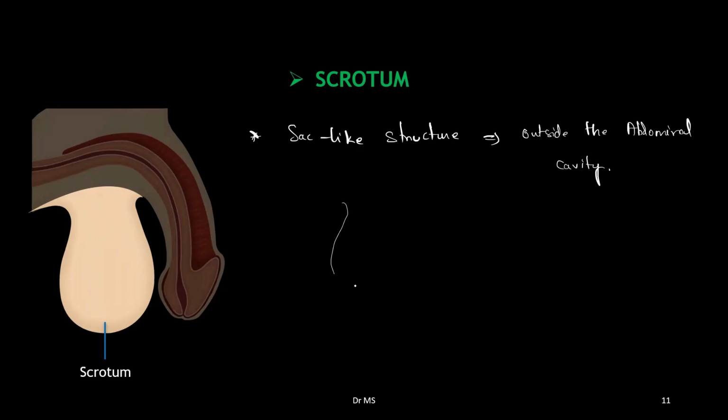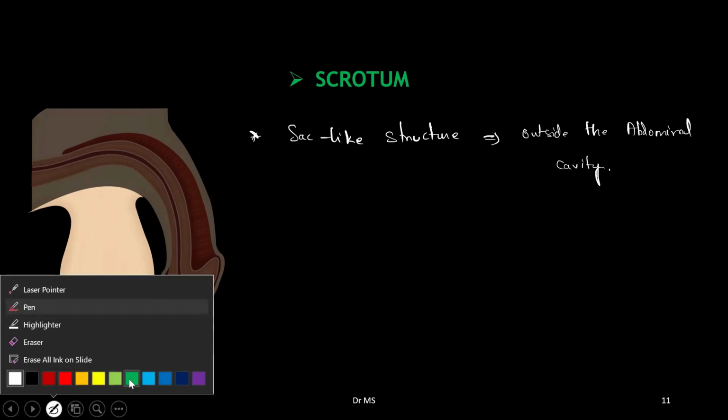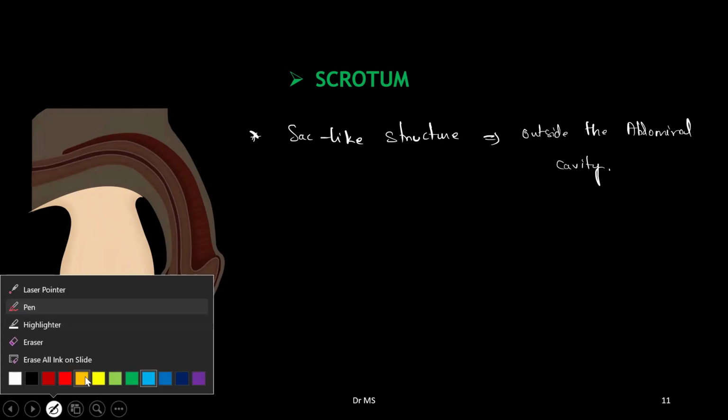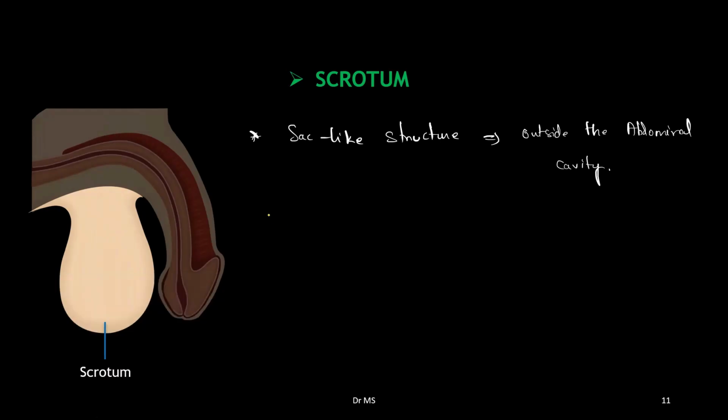One testis is present on one side and the other on the other side. The separation, the middle region, we call the median ridge, which is the raphe. A ridge means a groove-like, bridge-like structure.